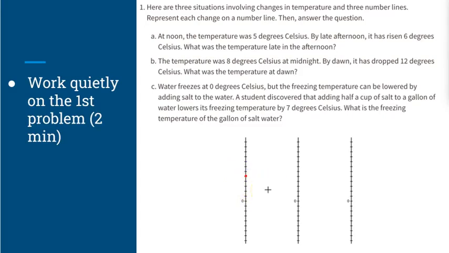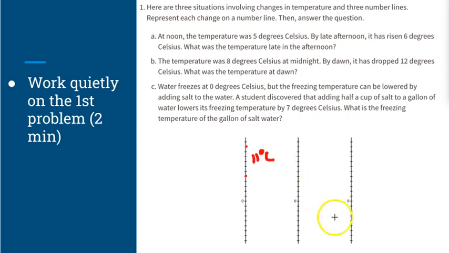And by late afternoon, it had risen 6 degrees. So if we start off with 5 degrees, that means that we're going to go up 6 degrees, which means it's 11 degrees Celsius, right? What about this next one?